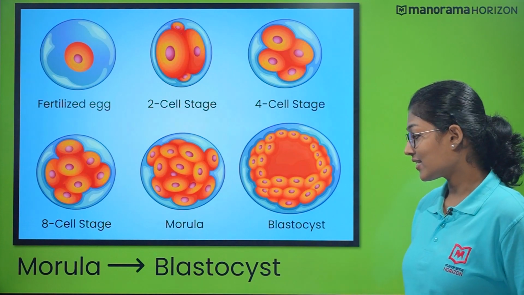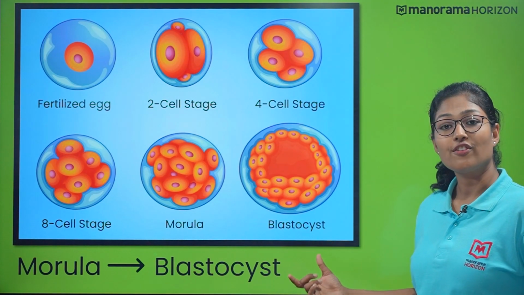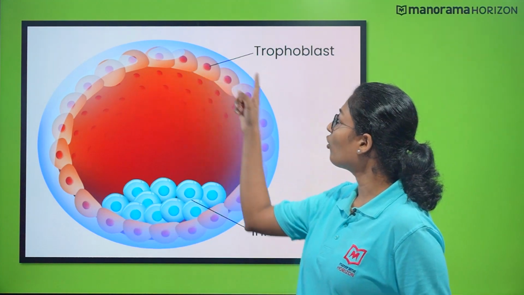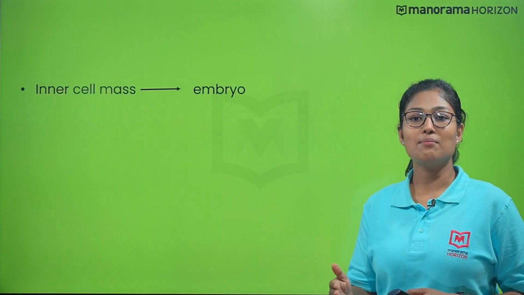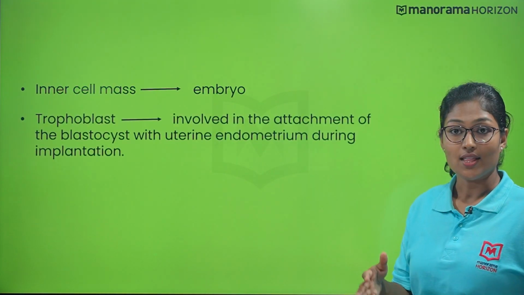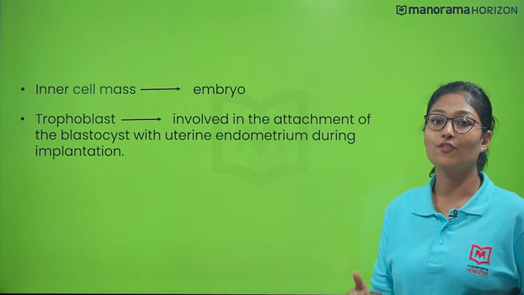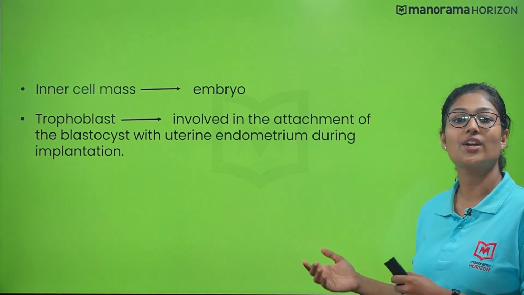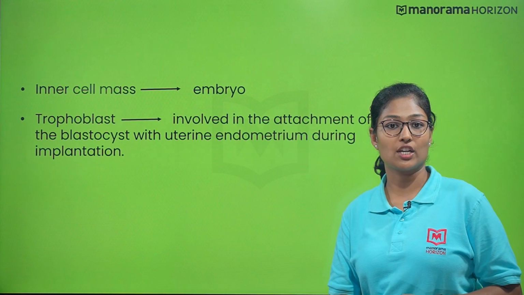A blastocyst is a stage of development consisting of an inner cell mass and a trophoblast. The inner cell mass eventually develops into an embryo, while the trophoblast is involved in the attachment of the blastocyst with the uterine endometrium during implantation.